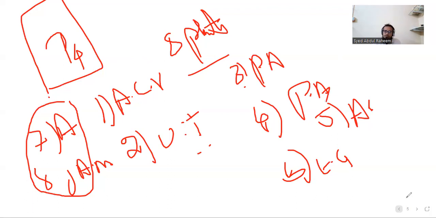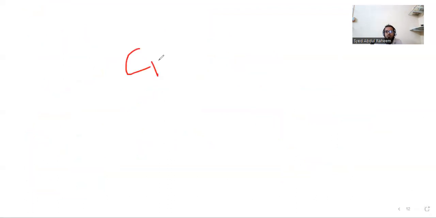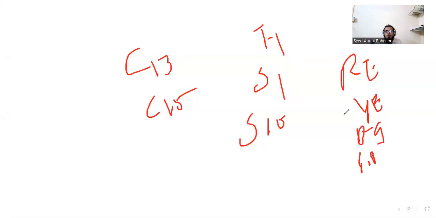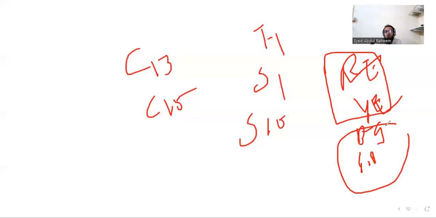Okay, so this is good. Along with all remedies, you can use C13, C17, F1, S1, S10, RE, YE, DE, and G. Mostly with P4 you have to use RE, YE, with P1, P2, P3.